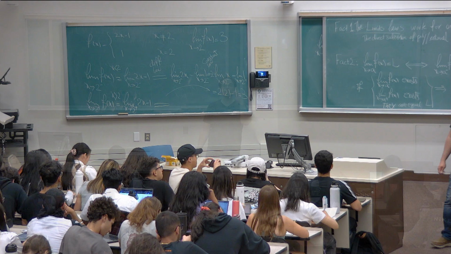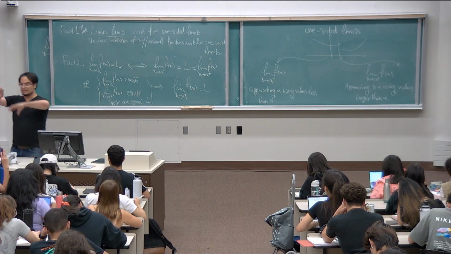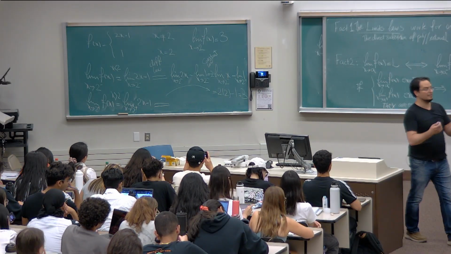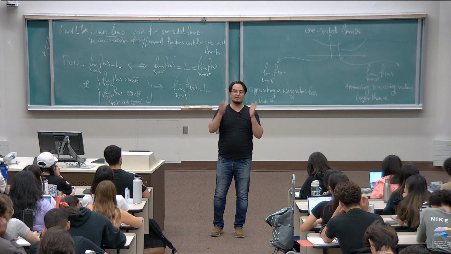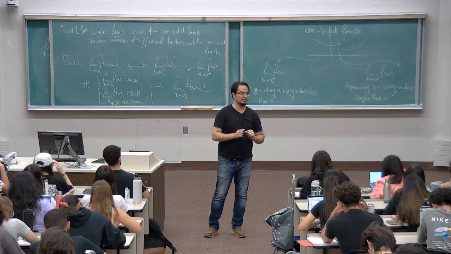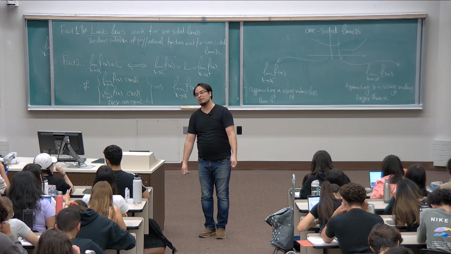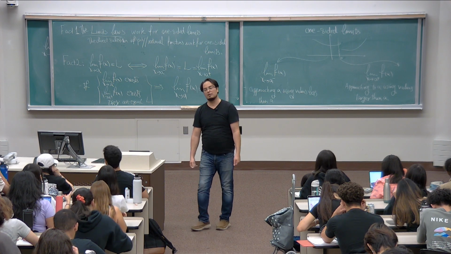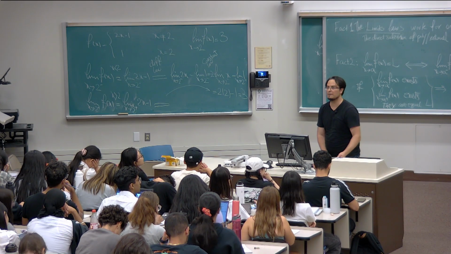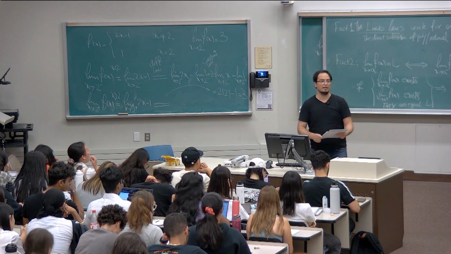So add one more tool to your tools: when your function has different formulas around a point, when you're trying to find the limit, split the limit into two pieces, left limit and right limit. If they exist and they are the same, then the limit of that function at that point exists. Any questions? Any comments for me? Let's do one example and then go from there.